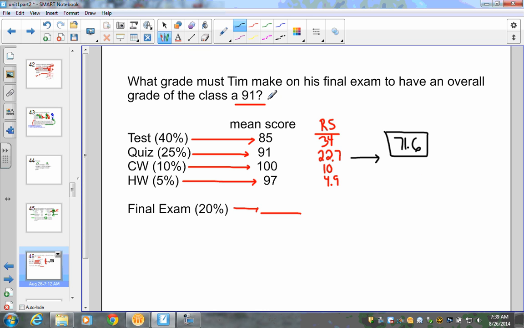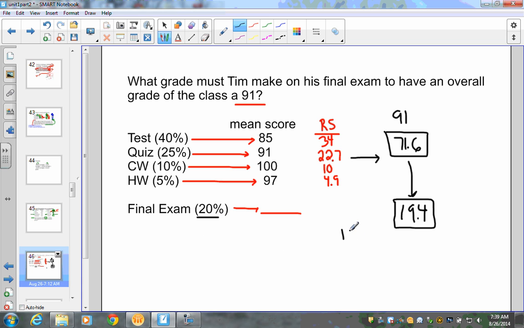Now, we want to get a 91. So what we have to do is find the difference between the 91 and the 71.6. So 91 minus 71.6, and when we subtract this, we get an answer of 19.4. Now, this is where it might get a little confusing. We have got to take the 19.4 and divide it by 20%.